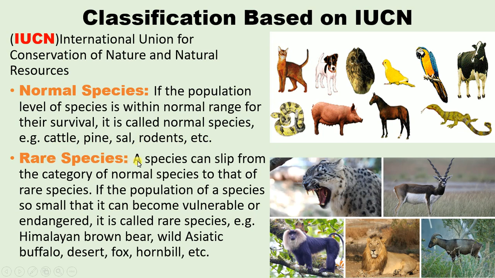Rare species. A species can slip from the category of normal species to that of rare species if the population of the species is so small that it can become vulnerable or endangered.